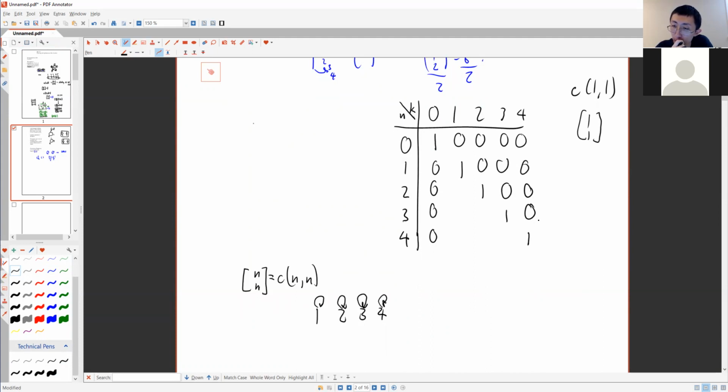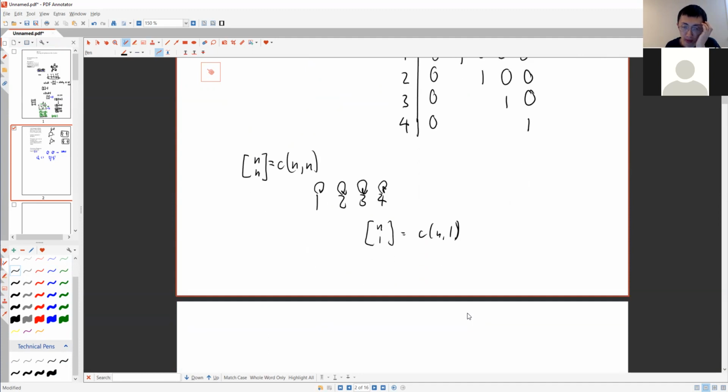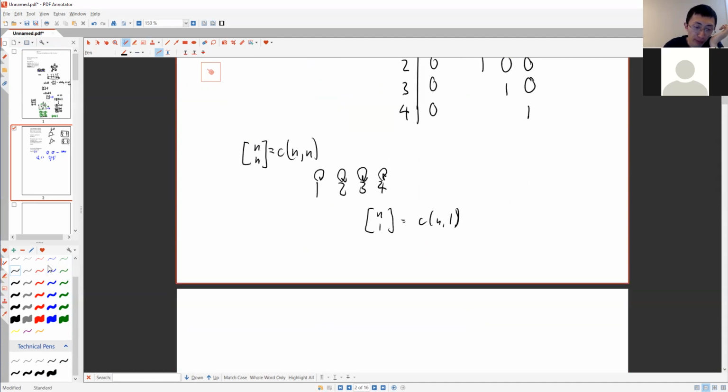What about C(n, 1)? How many ways can I put, let's say, 5 people all in one cycle?